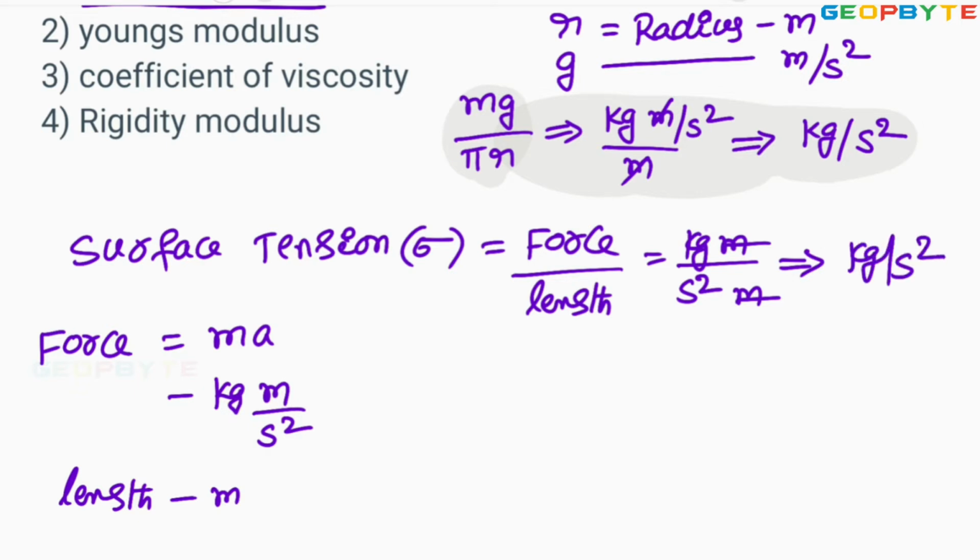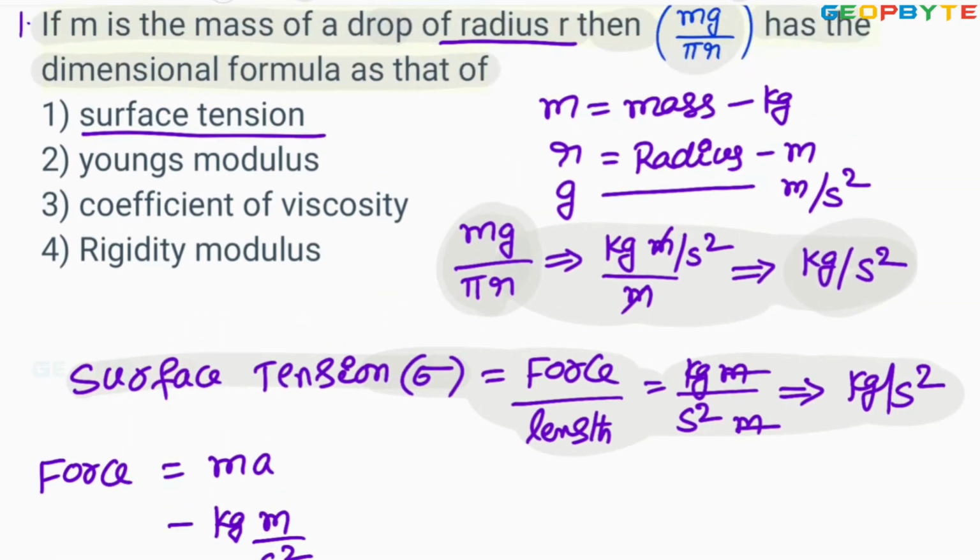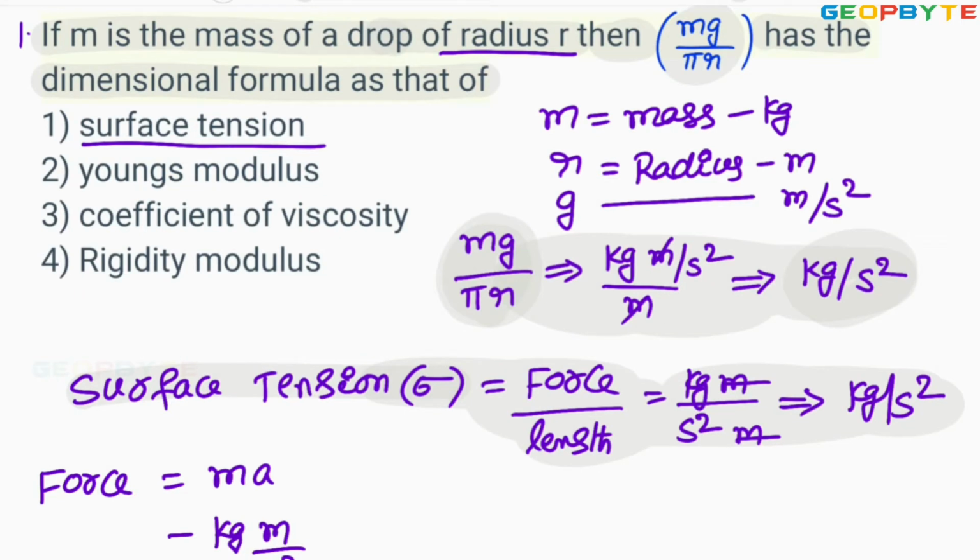Units of the surface tension is kg per second square, whereas mg by pi r is also in kg per second square. Therefore, the mg by pi r is having the dimensional formula as that of the surface tension. Therefore, you can select the very first option, it is absolutely correct. I hope all of you clearly understood.